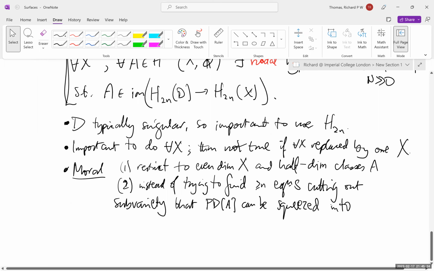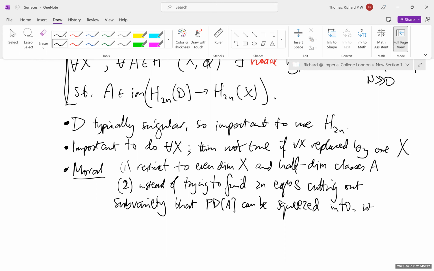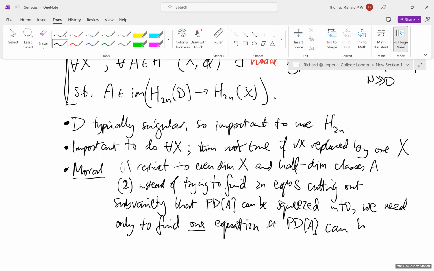Okay, we need only to find one equation such that the Poincaré dual of A can be squeezed into its zero locus.